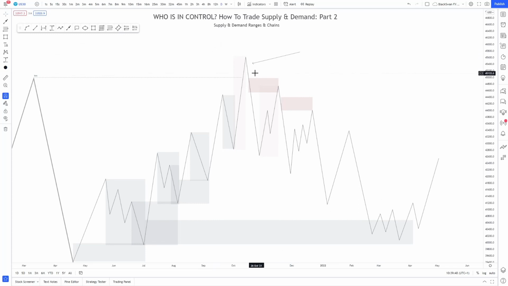So where we have our first supply zone, what is mitigated, we sell down, we break below here, we create a supply range, then we have a new supply zone.